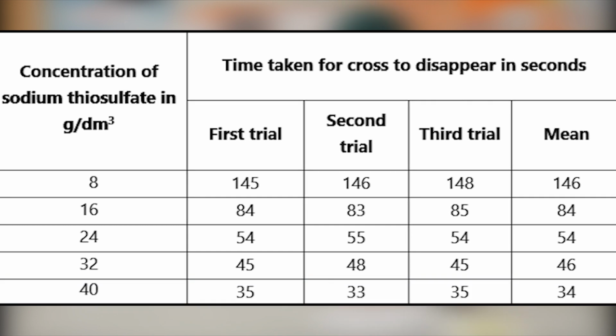And when we dilute the concentration of sodium thiosulfate, we reduce the number of particles, which result in the rate of reaction to decrease, such as for the 8 gram per decimeter cubed concentration of sodium thiosulfate.